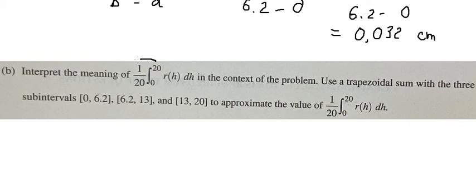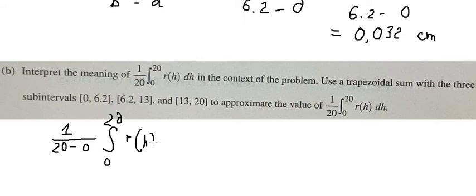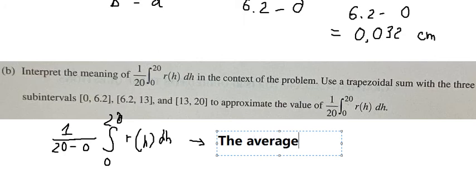If we look carefully, we have 1 over 20 minus 0, and we have the integration from 0 to 20. That means this is the average.